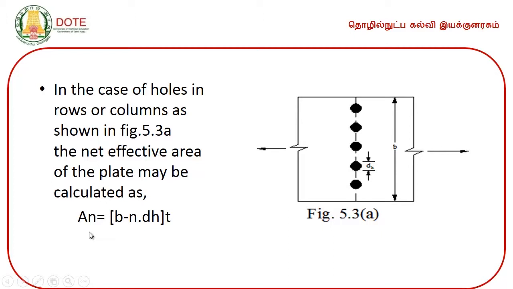In other words, A n, the net area, is equal to B minus n times the diameter of the hole, DH, which stands for the diameter of the holes, multiplied by the thickness, which will give you the net area of the critical section.